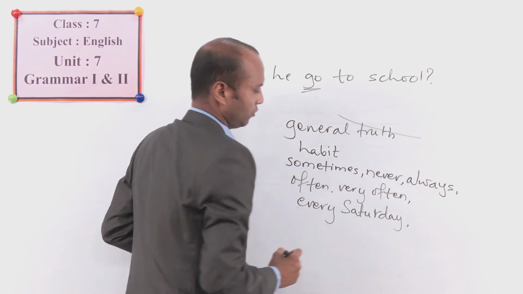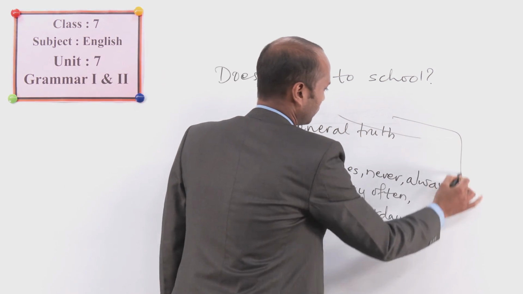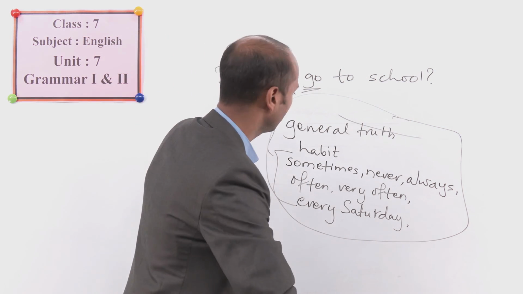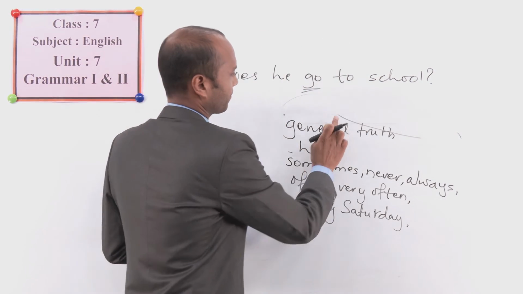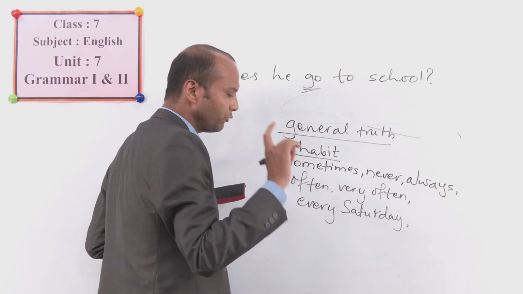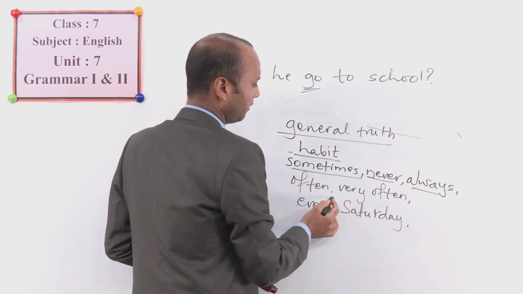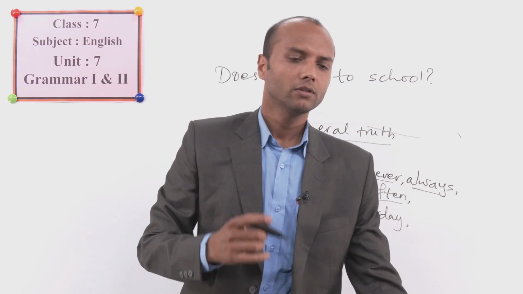So these sort of words indicate that you have to use which tense? Yes, simple present tense. So general truth, habit, and if your sentence has sometimes, never, always, often, very often, every Saturday, every Sunday, etc., you have to use simple present tense.